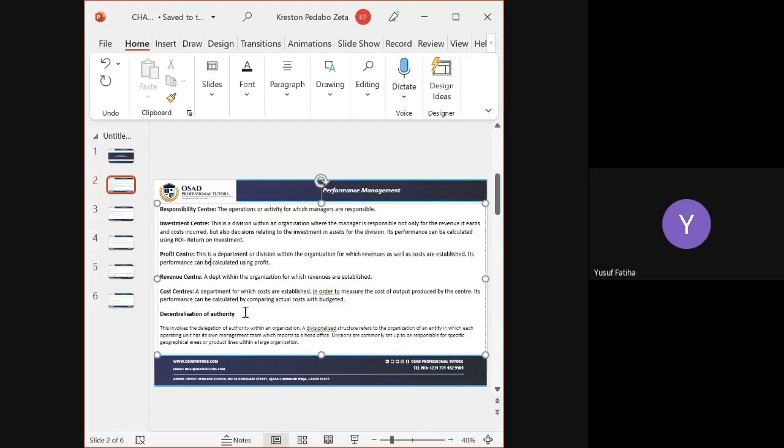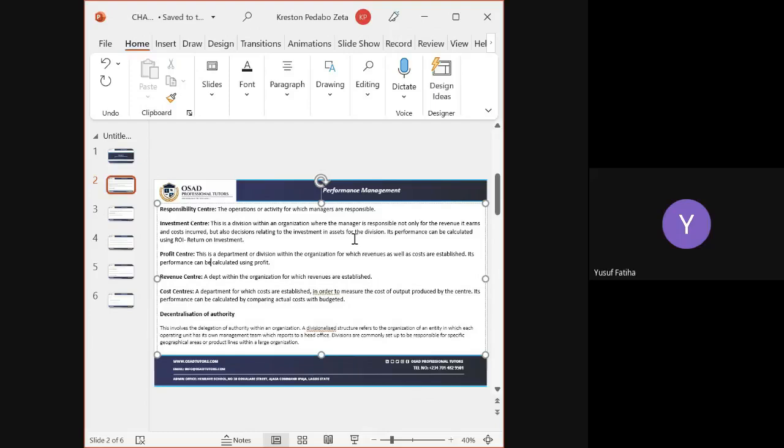It says the structure refers to the organization of an entity in which each operating unit has its own management team, like I explained earlier, which reports to a head office. Divisions are commonly set up to be responsible for specific geographical areas or product lines within a large organization.